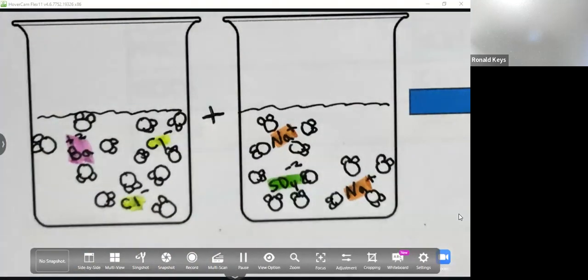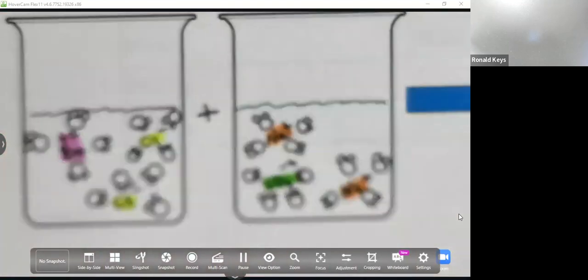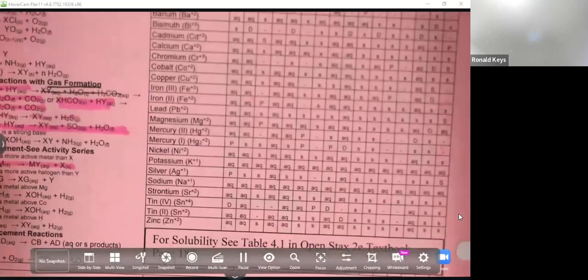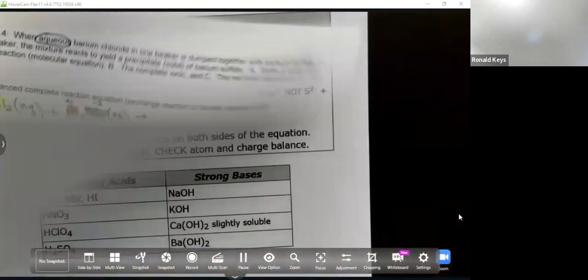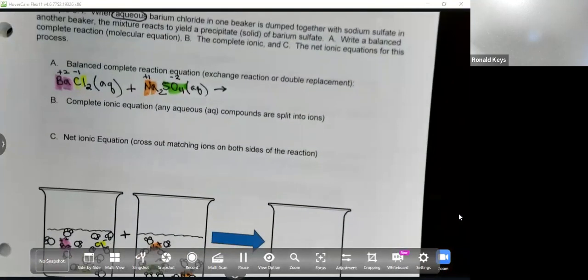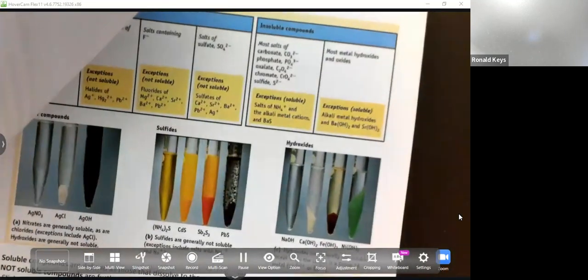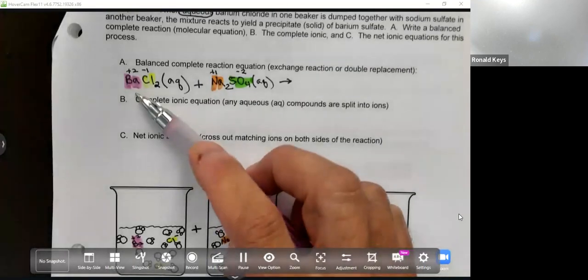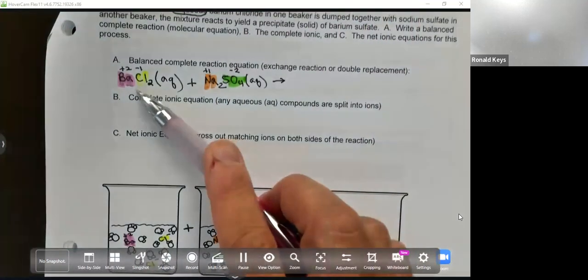Now, on the back side of your periodic table is my solubility cheater grid. I call it a cheater grid because solubility rules from the textbook are given later on. We'll look at those. But grid out barium chloride on this backside.